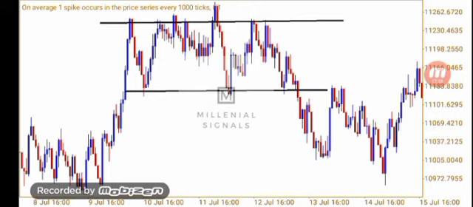So I said a few things, right? I said if you see price making a sidestepping movement into a key level, there might be a breakout.